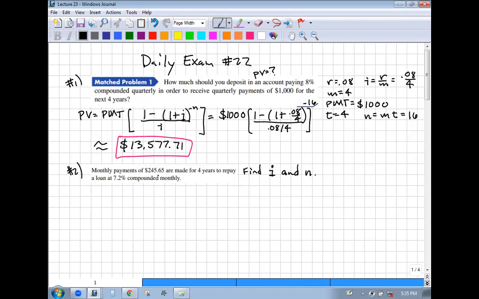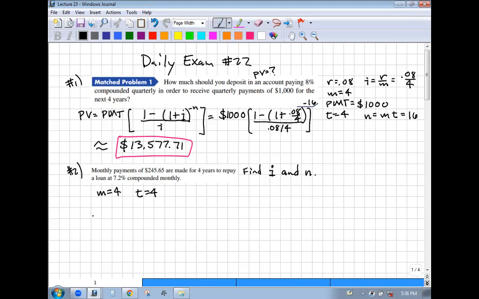All right, let's look at number 2. Monthly payments of $245 are made for 4 years to repay a loan at 7.2% compounded monthly. Since they're monthly payments and compounded monthly, that means that M is 12, and we're going for 4 years, so T is 4. We want to find out what I and N are.